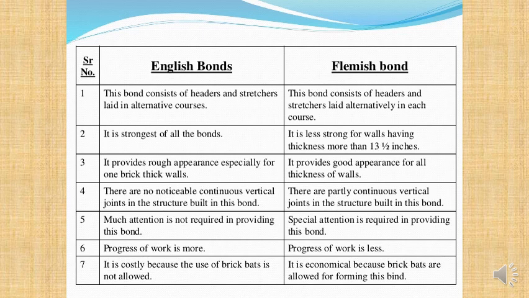Now, the English bond is a lot stronger because it has no vertical joints, whereas the Flemish one, it's more vertical, I would say, the joints following the masonry lines. But the great advantage the Flemish bond has over the English bond is that you can use bats on the end of the wall, and so that means it's a lot faster to build, and it's less expensive.